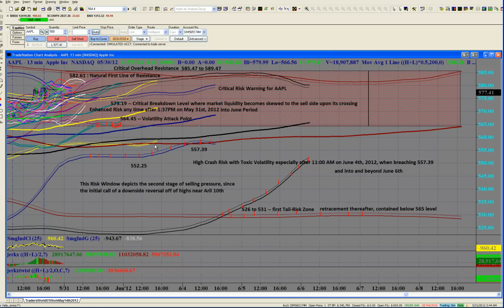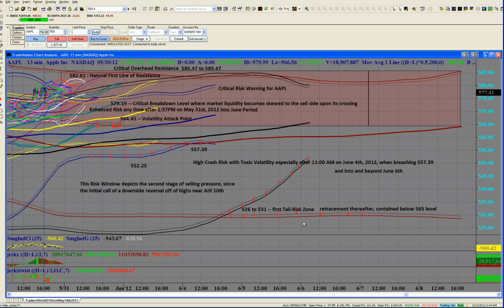Retracements upon getting underneath that 557.39 area would likely be limited to the 565 level at best, as the market tries to descend towards its first tail risk attack zone at 526 to 531 defined by this red line.